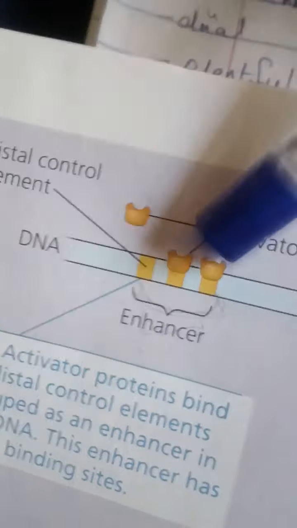Notice that this line represents DNA, and this yellow one represents distal control elements. Notice these are enhancers, and this one is an activator. Notice also the TATA box here, the green one, and the promoter, dark green. Notice that these are a promoter and this one a gene.